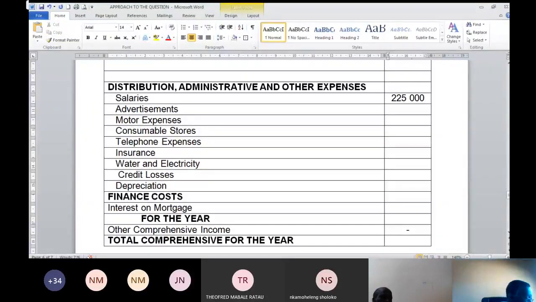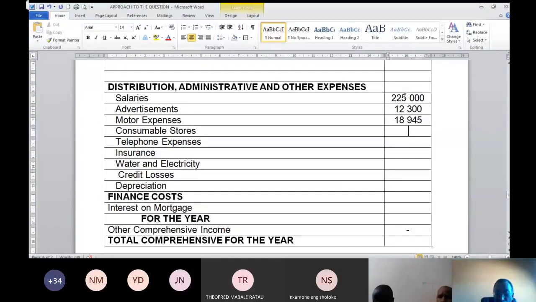My expense for adverts is 12,300. I've got motor expenses. My motor expenses is the amount of 18,945.